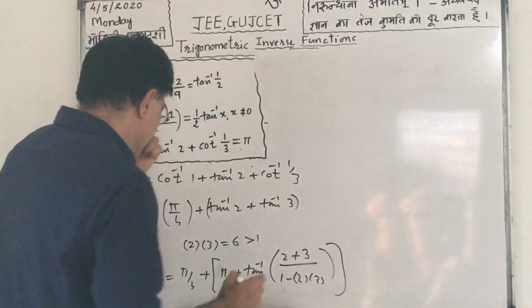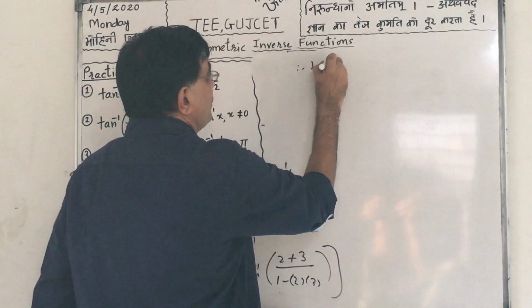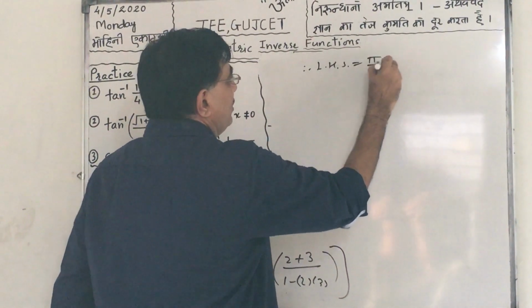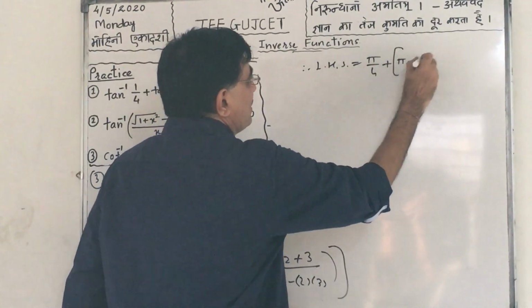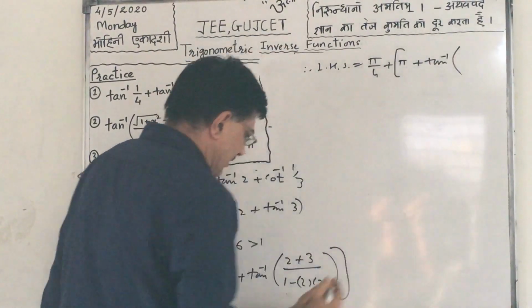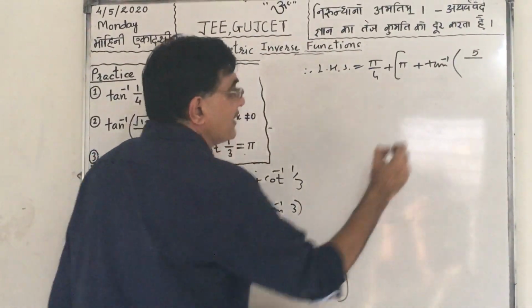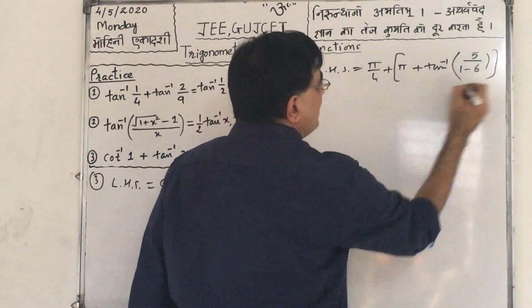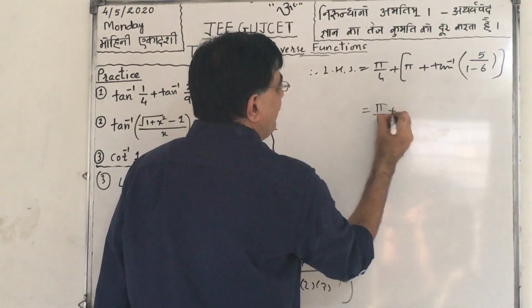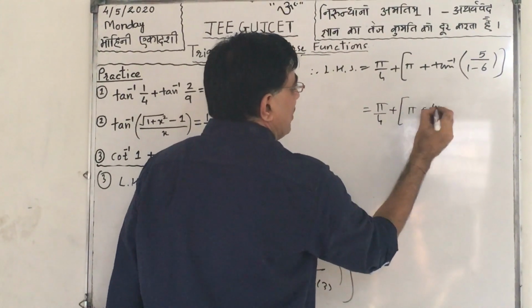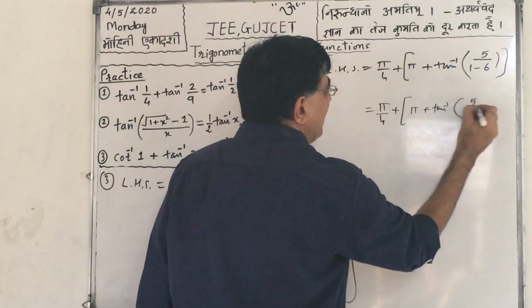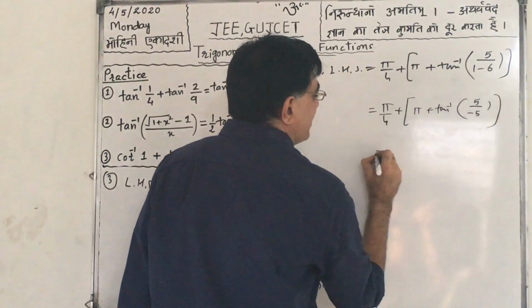So LHS equals pi by 4 plus pi plus tan inverse of, now see, 2 plus 3 is 5 upon 1 minus 6, that is minus 5.